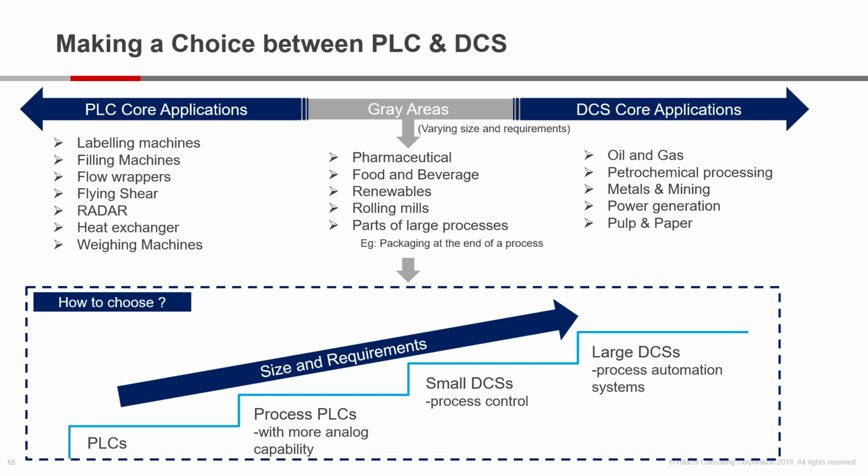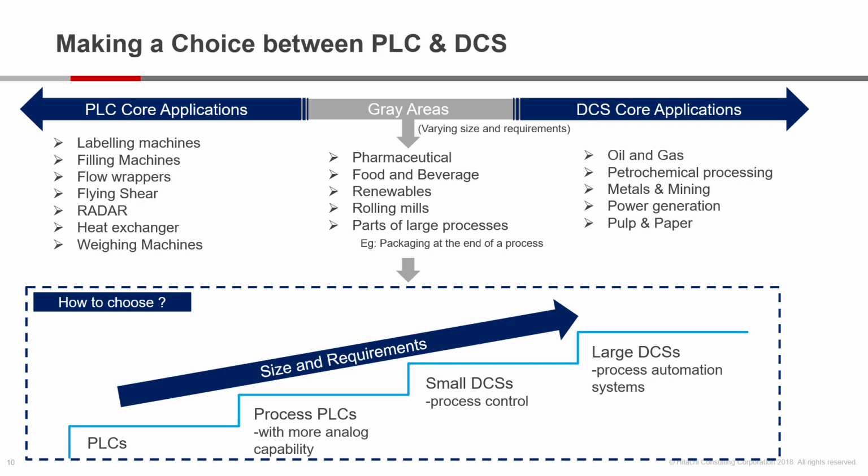Again, PLC core applications are smaller applications or sequential applications or applications which do not need much of a change. So how do you choose? Based on the size and requirements, if your size is really small and the application requirement is really small, go for PLCs. One more step ahead is process PLCs, which have analog capability as well.